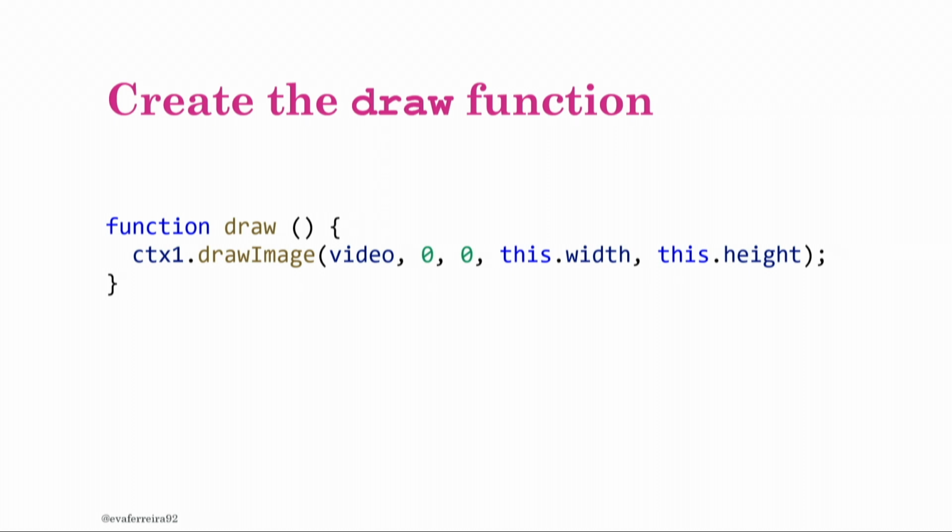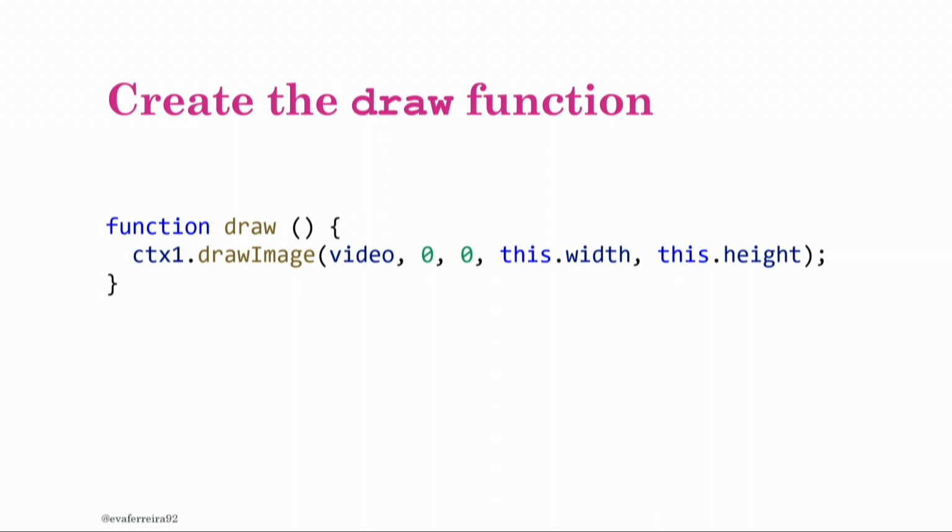We can create this, it's called draw. And we draw an image from the video that is streaming the content, from the top left corner, the 0, 0, to the width and height of the video, so to the bottom right corner. That won't really work the way we want, because that will only draw the first frame that the camera gets. It won't refresh. So we need to refresh it.